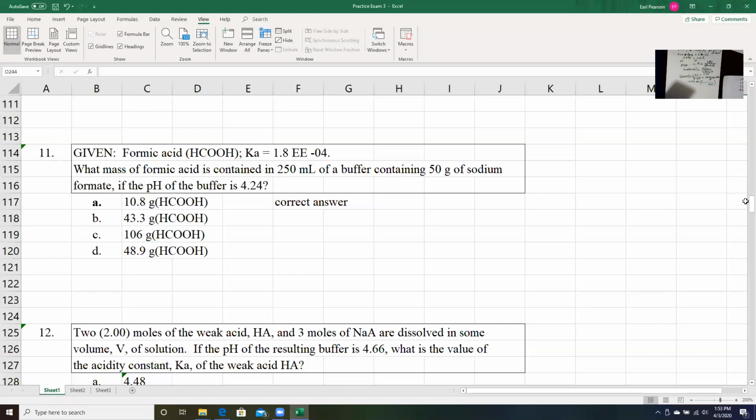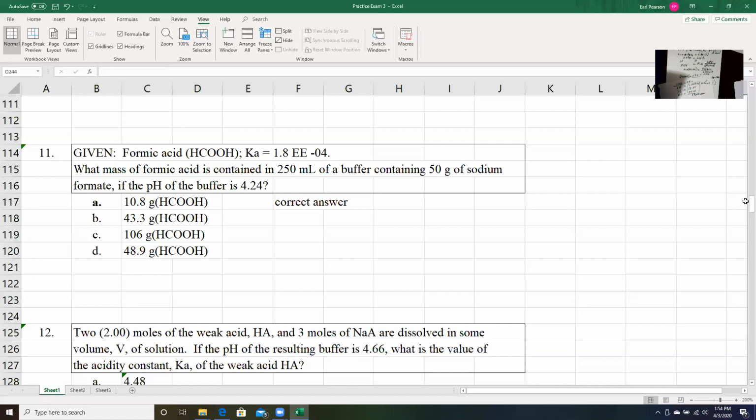So I'm going to now multiply by the molecular weight, and essentially formic acid is HCOOH, so it's 2 hydrogens, so it'll be times 2 here. It's 1 carbon and 2 oxygen. So if I just do this part here, I'll get the molecular weight for the formic acid.